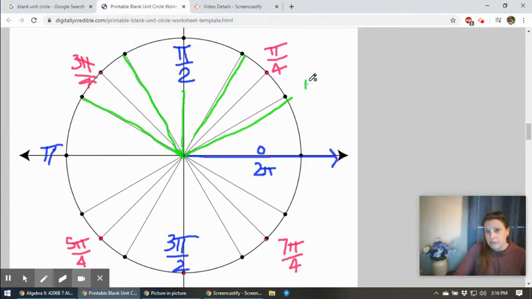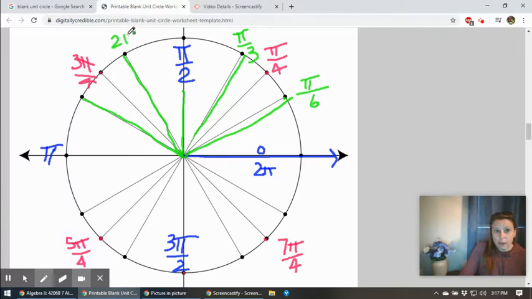So that means this point right here is going to be pi over 6. So that's 1/6. Here I get to 2/6, which reduces. 2/6 is the same thing as 1/3. So this is really pi over 3. Here I'm at 3/6, which reduces to 1/2. So we already have our pi over 2. 4/6 reduces to 2/3.